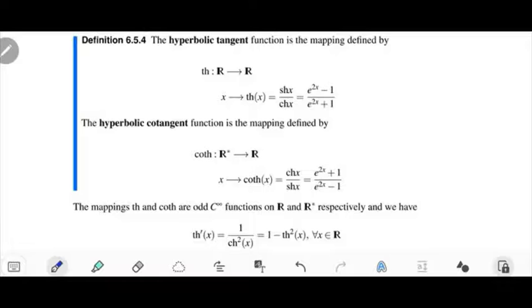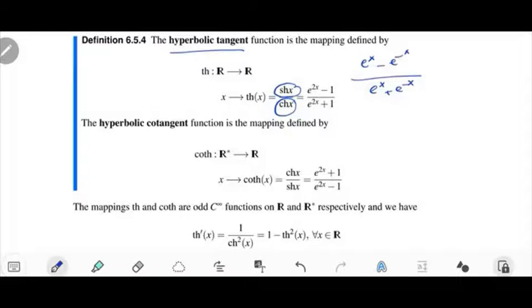We continue now with the hyperbolic functions, and we'll define the hyperbolic tangent, which is, maybe you guessed it, sh x over ch x. So it's (e^x minus e^-x over 2) over (e^x plus e^-x over 2).